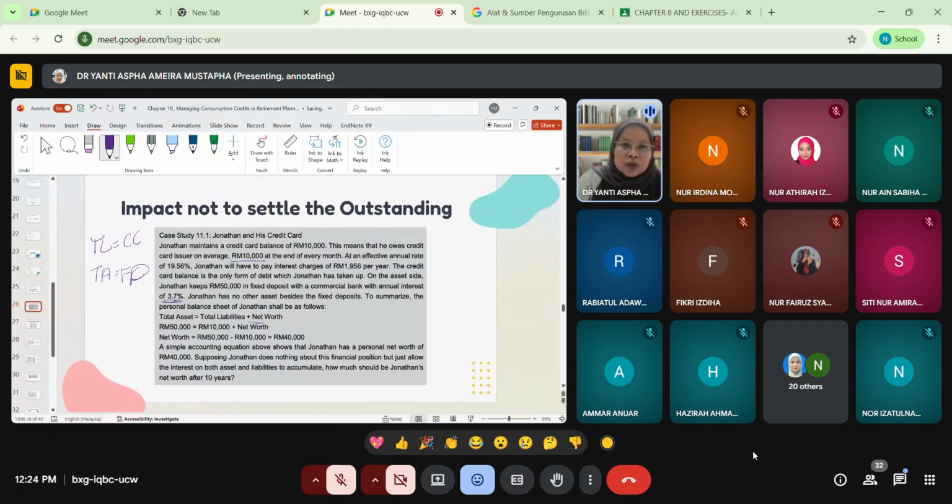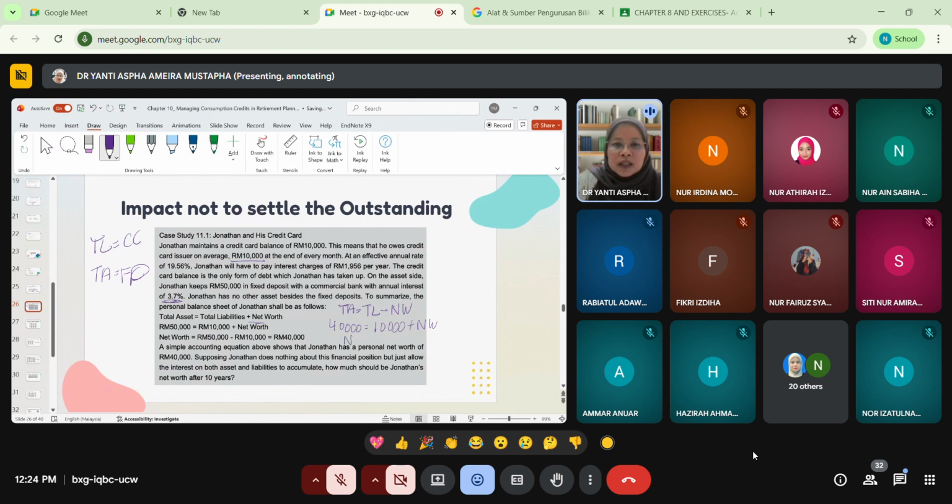This is the beginning. So total asset equals total liabilities plus net worth. So how much total asset did he have? 50,000. So that's how they come up with this one: 40,000 net worth, and total liability he has 10,000, plus the net worth.